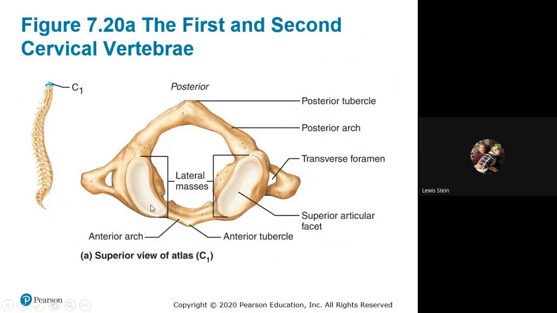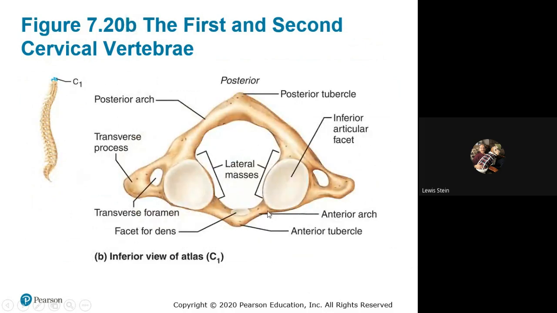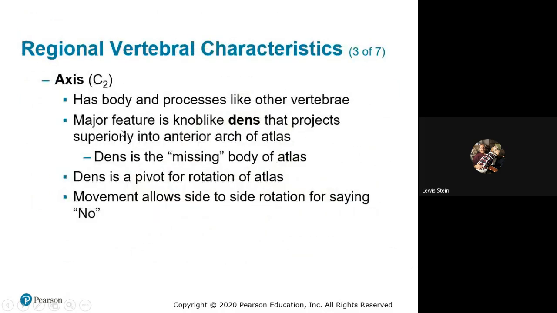You can see these lateral masses and this very distinct concavity that sits on it. And then the axis, most people say effectively it has the body of the atlas, and it's got this tooth-like projection they call the dens or odontoid process.